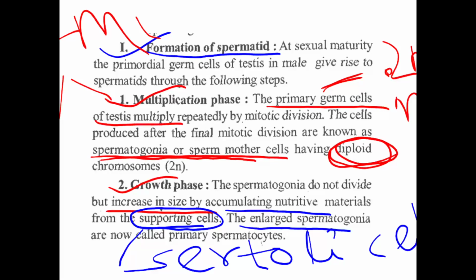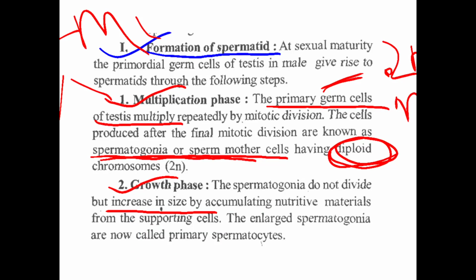After the growth phase, the enlarged spermatogonia are known as primary spermatocytes.